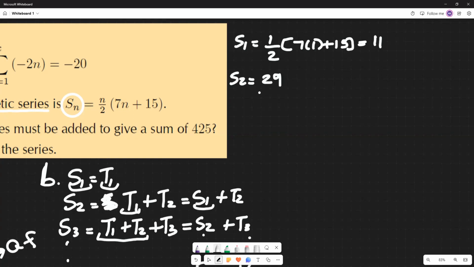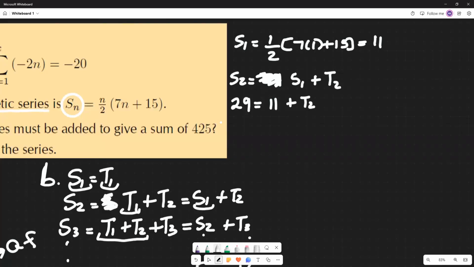And then let's check the third one. Oh, sorry, this is a mistake here. Remember, S2 is basically S1 plus T2, right? So S2, let's see, if it's 2 there, I get 29. So S2 is 29, and S1 is 11 plus T2.